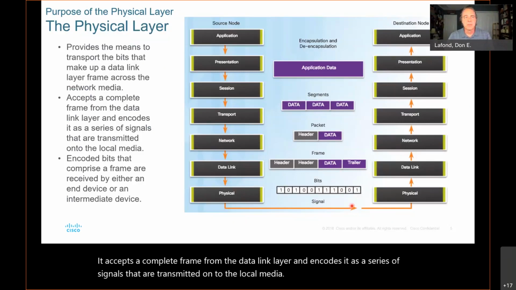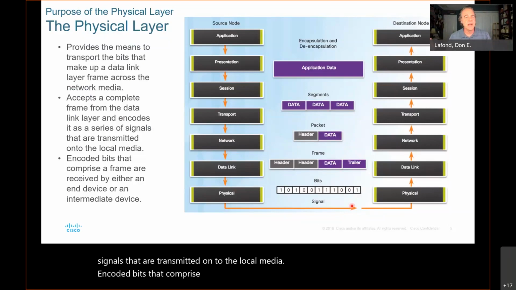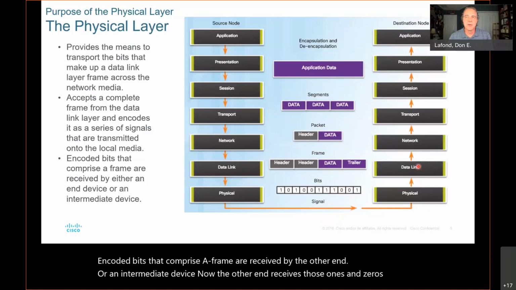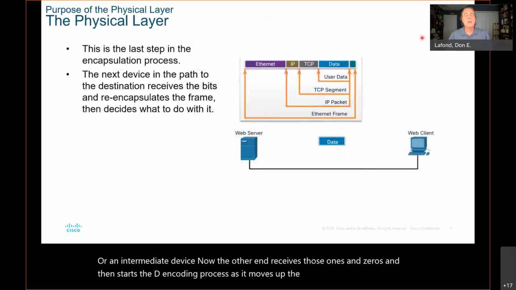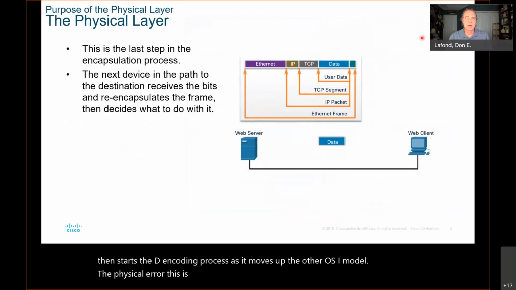Encoded bits that comprise a frame are received by the other end or an intermediate device. Now, the other end receives those ones and zeros and then starts the decoding process as it moves up the OSI model. The physical layer is the last step in the encapsulation process.